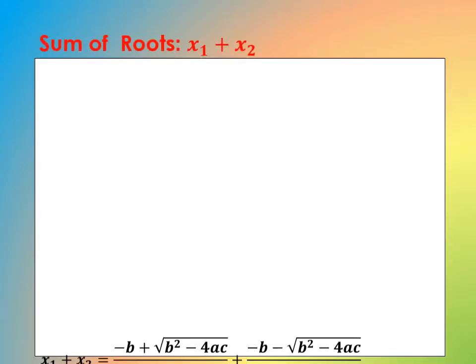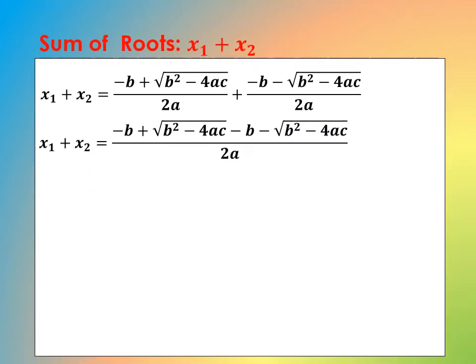To derive the formula of sum of roots, so we have x sub 1 plus x sub 2. Ang ating x sub 1 is negative b plus the square root of b squared minus 4ac over 2a plus ang ating x sub 2 which is negative b minus the square root of b squared minus 4ac over 2a.